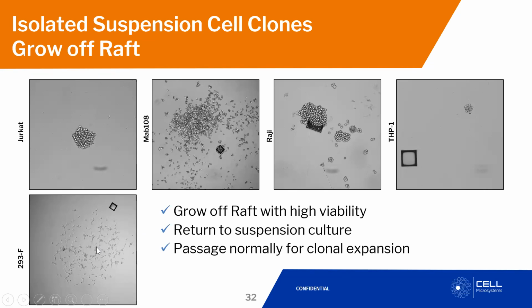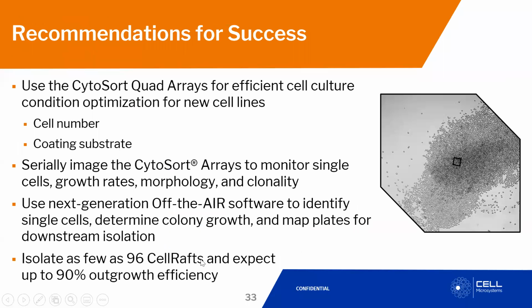This is fixable, however. They can be easily dislodged from the surface just by gently pipetting the culture media in the 96 well plate. So we've been able to show that we can grow suspension cells off raft with high viability. They can return to suspension cell culture very easily with zero manipulation, and then they can be passaged normally for subsequent clonal expansion or analysis.